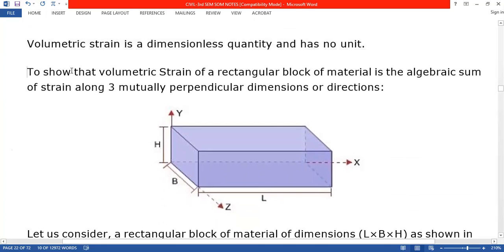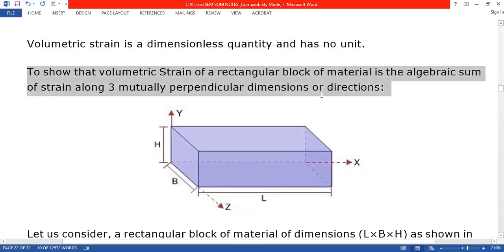To show the volumetric strain of a rectangular block of material, it is the algebraic sum of the strain along three mutually perpendicular directions. So here I am considering x direction, y direction and z direction. Along the x direction, the length of the block is L. Along the y direction, the height is h, and along the z direction, the width is b.